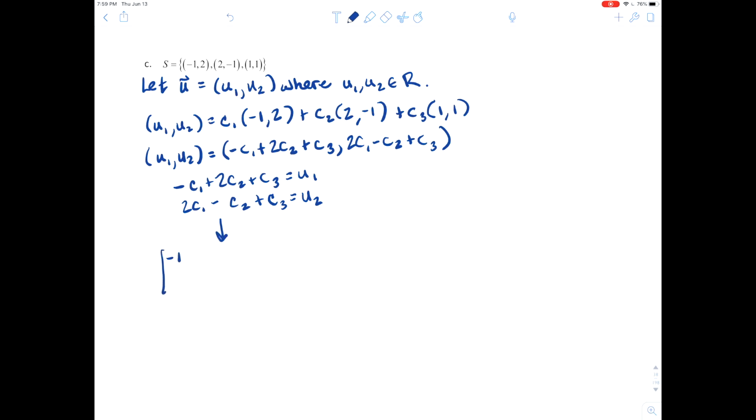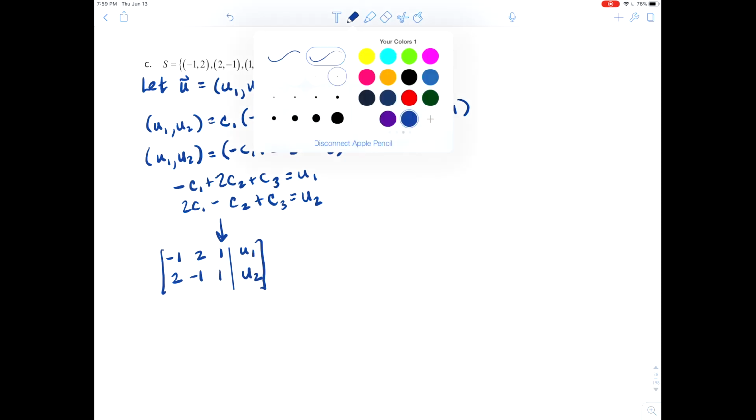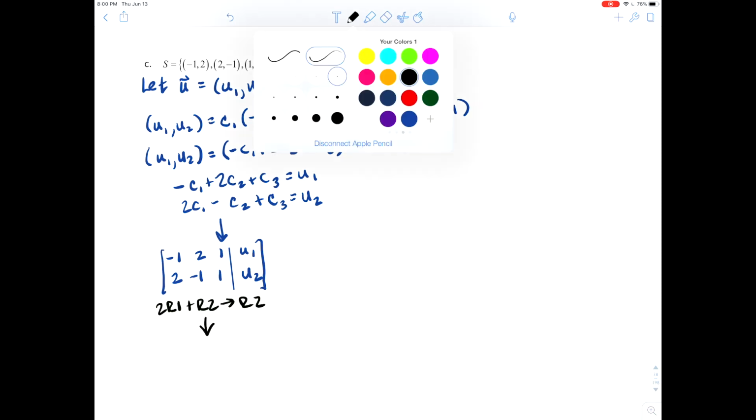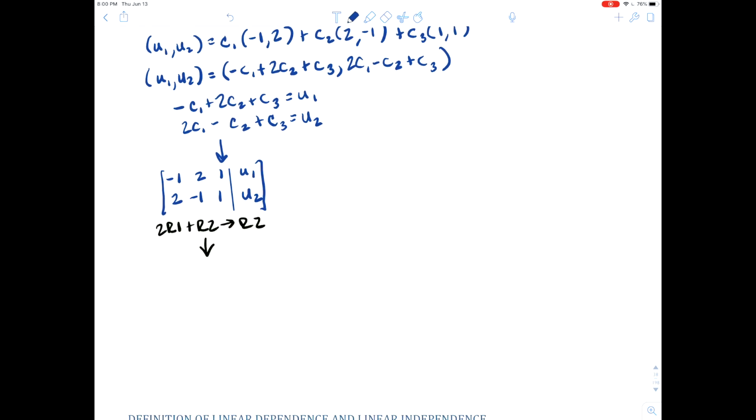This will be equivalent to the matrix -1, 2, 1, U1. And then 2, -1, 1, U2. And what do we need to do? Beautiful. If we have 2 row 1 plus row 2 for a new row 2, that'll zero out the 2 in row 2, column 1. So row 1 will stay the same.